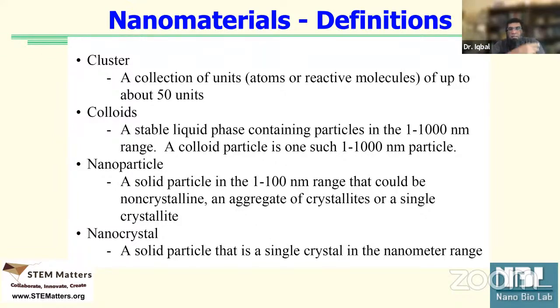Colloidal solutions are particles in the 1 to 1000 nanometer range, but they are not dissolved; they are hanging in a solution, in a liquid. So they are stably hanging around in a stable liquid.